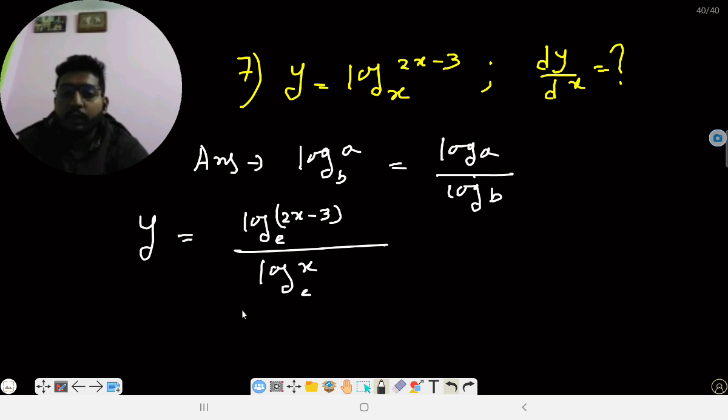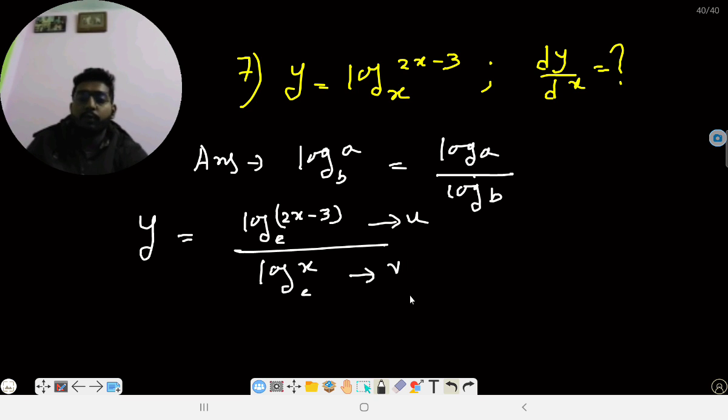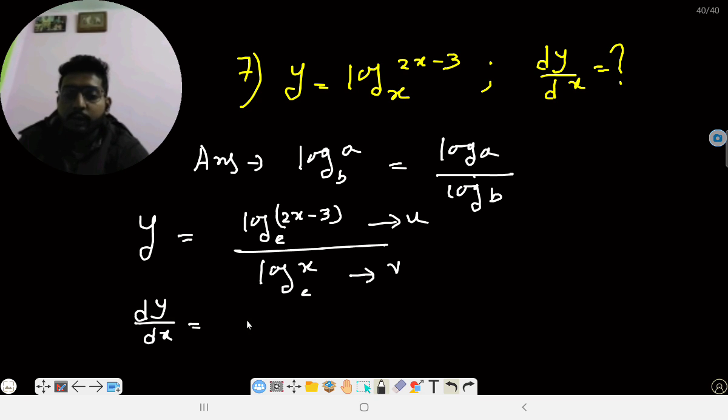Now it becomes easy. So here you can see this is a u and this is a v. Now if I differentiate this one, that will be the u by v formula. So differentiate this one, that will be dy dx. So the same formula. What is the formula?